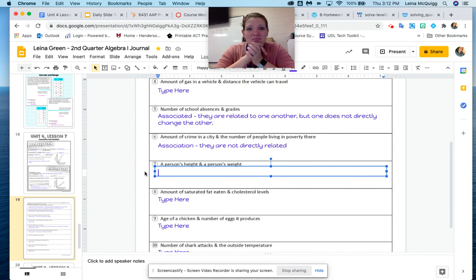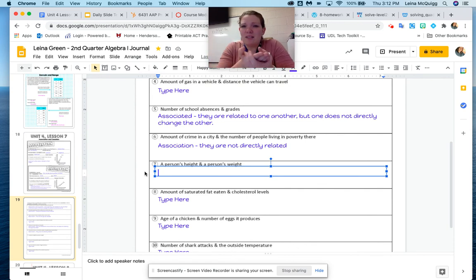Does your height have any effect on how much you weigh? Or does your weight have any effect on how tall you are? So if I have a person that's 150 pounds, do they have to be exactly 5 foot tall? Or can you have a person that's 150 pounds and 6 foot tall? Are these two things related at all?